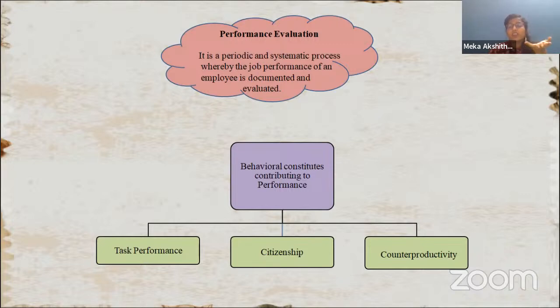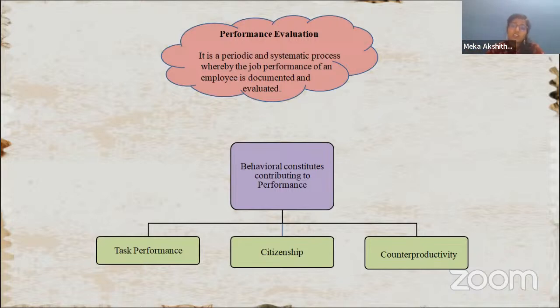Even if the task performance is high but citizenship behavior is low, the employee is not considered effective, because he or she is not behaving cordially with the other employees. Due to that, it might lead to conflict and disturb the harmony of the organization, right?